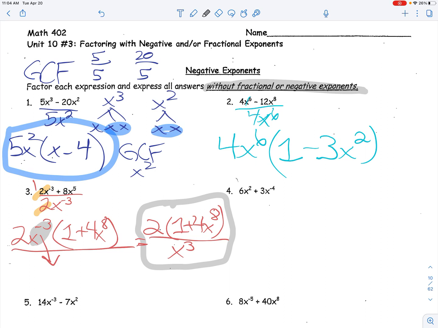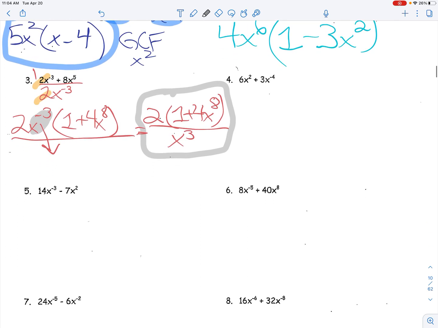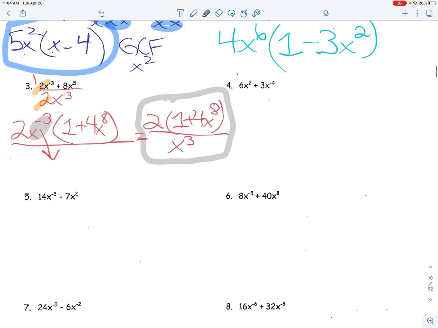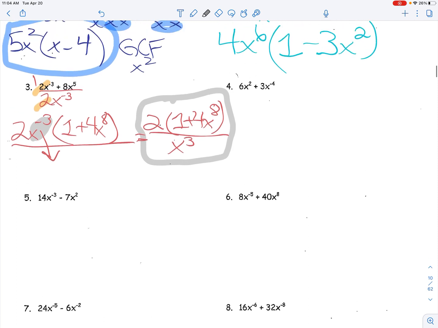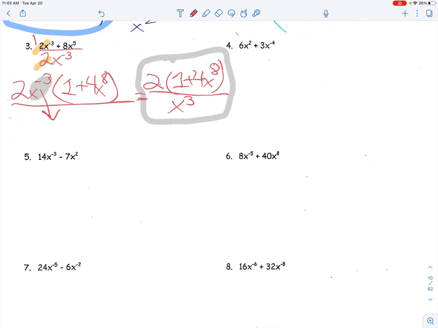All right. Let's jump down to number 5. Once again, I don't need to do all of these here, so I'll skip 4. Let's take a look at number 5. The way we're going to factor this, guys, is GCF.